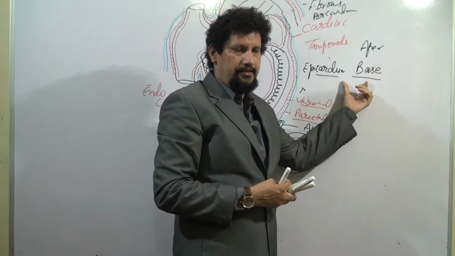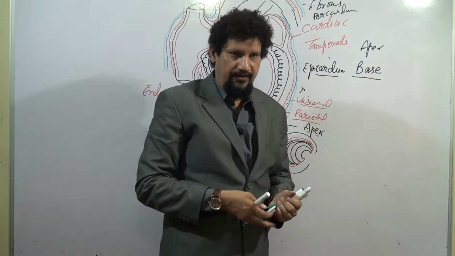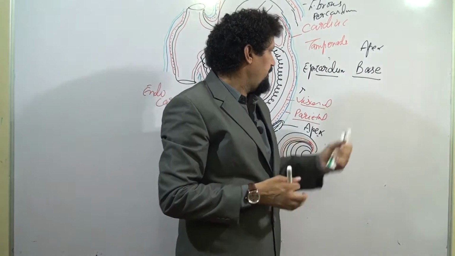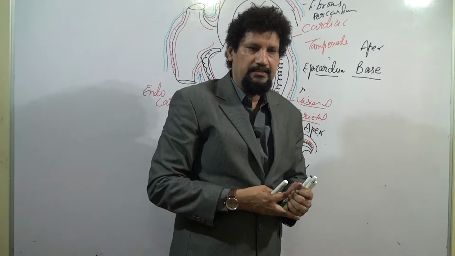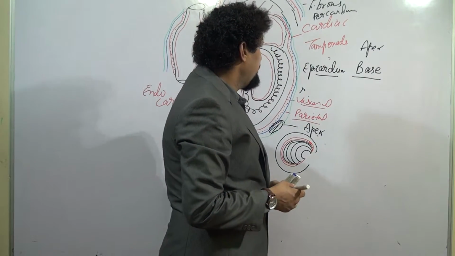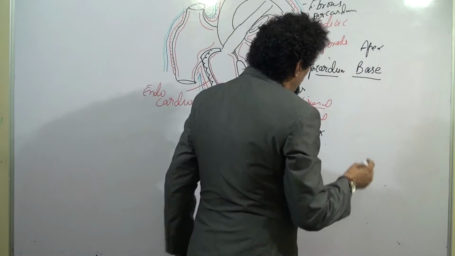The base, or I can say the posterior surface of the heart, if I count the base as a posterior surface, then the heart has four surfaces, but the heart has three surfaces and the fourth surface is the base.